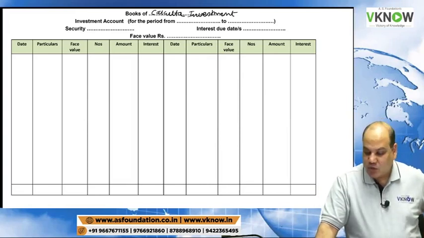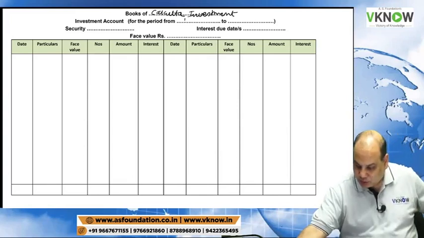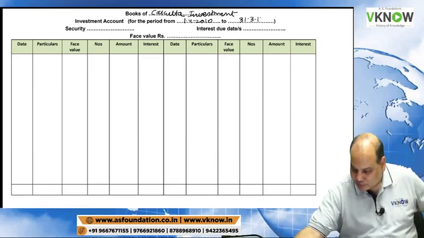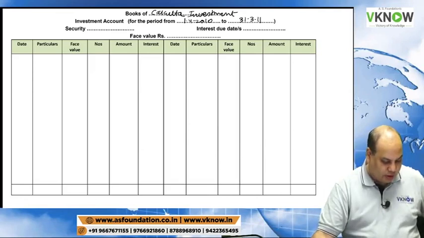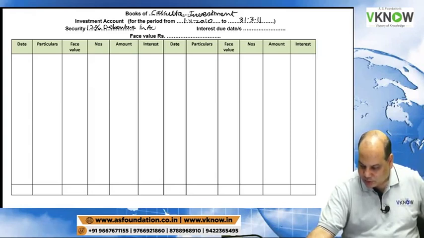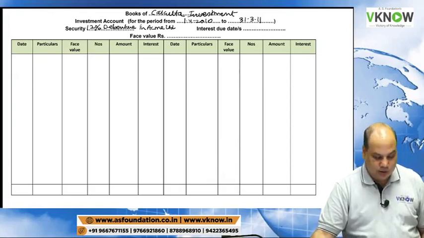Okay. And then you write down investment account for the period from 1st April 2010 to 31st March 11. The name of security is 12% debenture in Acme Limited.